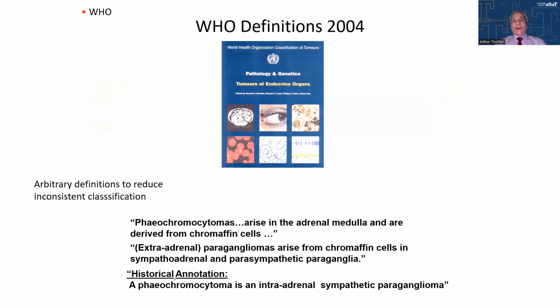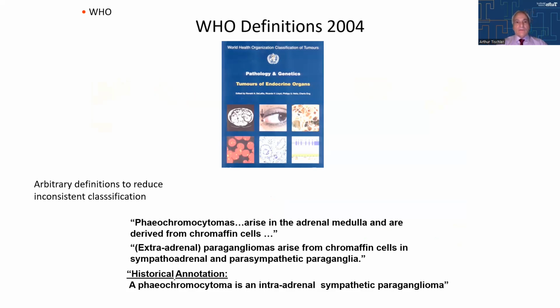The World Health Organization Blue Book in 2004 first codified some arbitrary definitions in order to reduce inconsistent classifications of tumors in and outside of the adrenal medulla that had existed until that time.